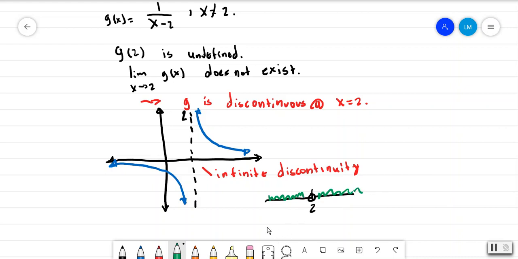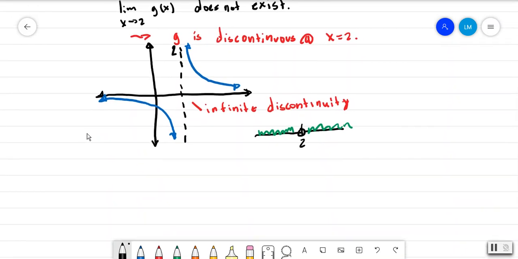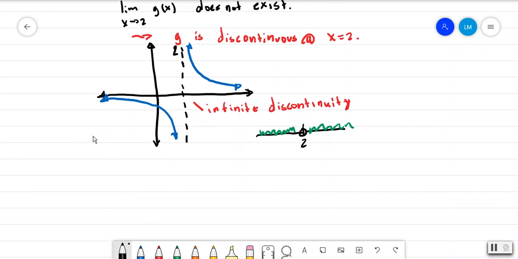So the intervals of continuity would have to be negative infinity to 2, union 2 to infinity, and that would be it in terms of where it's continuous.